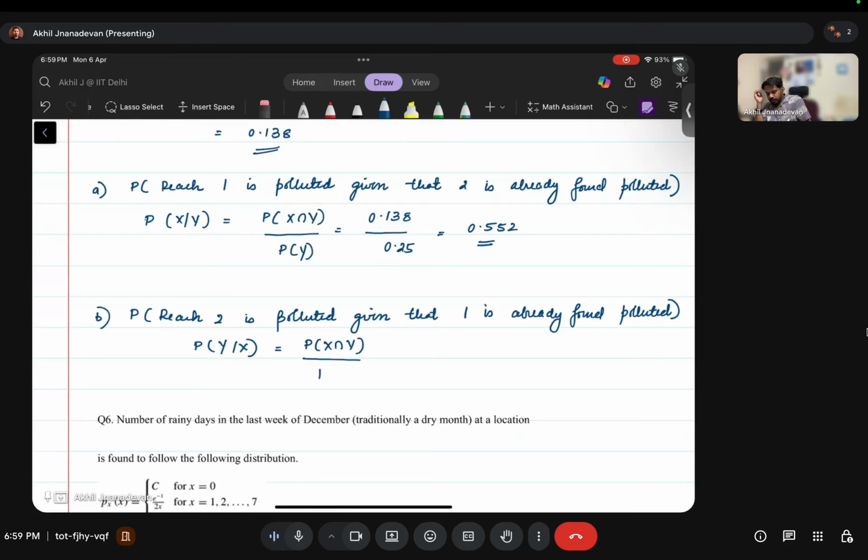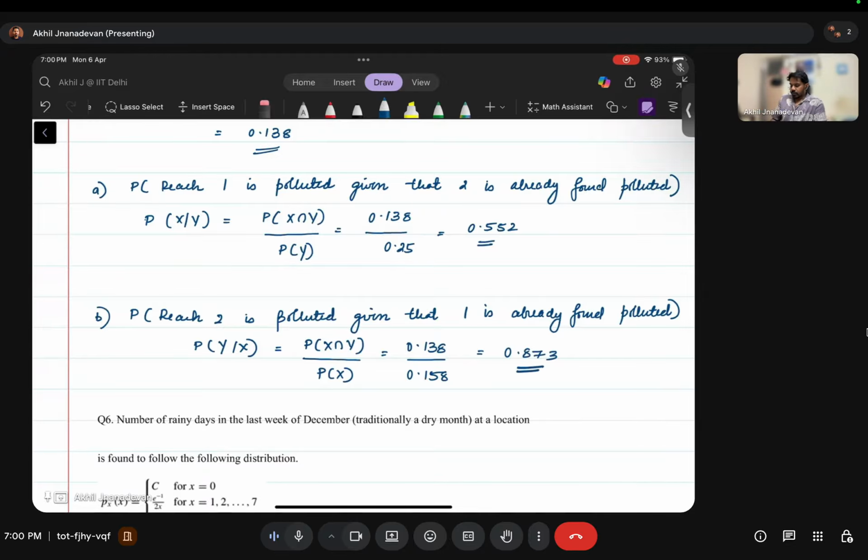The denominator will change to P of X. So that would be P of X intersection Y, 0.138, divided by P of X, 0.158. So this will be around 0.873.